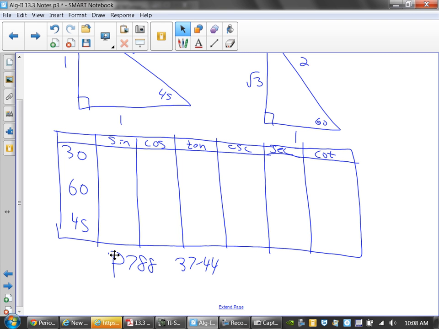Now, again, this whole idea of where everything is coming from is that when I'm looking at 30 degrees, sine of 30 is opposite over hypotenuse. So the sine of 30 degrees would have been 1/2. The cosine of 30 degrees was √3/2.